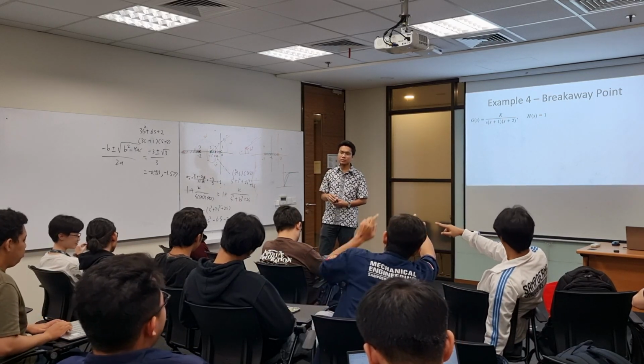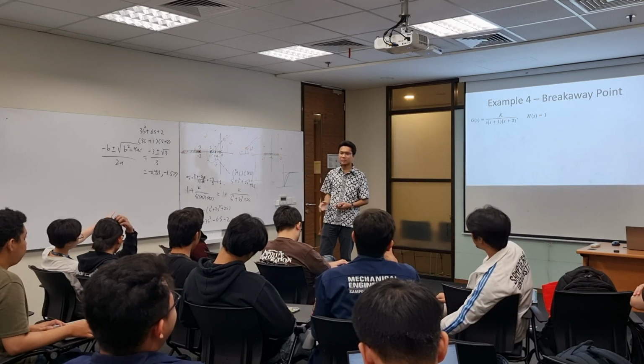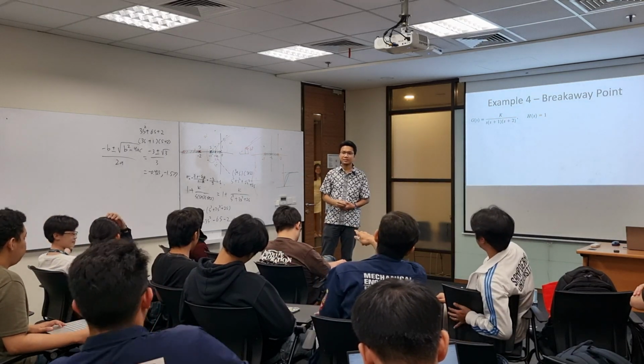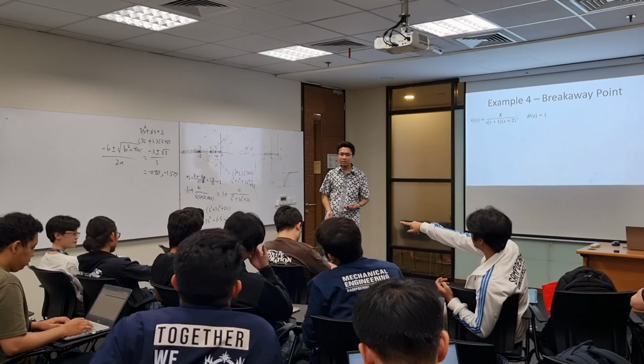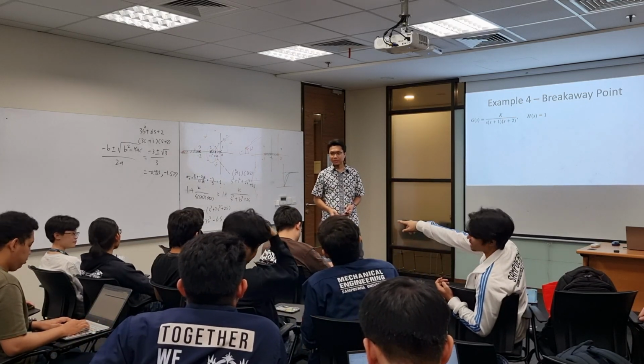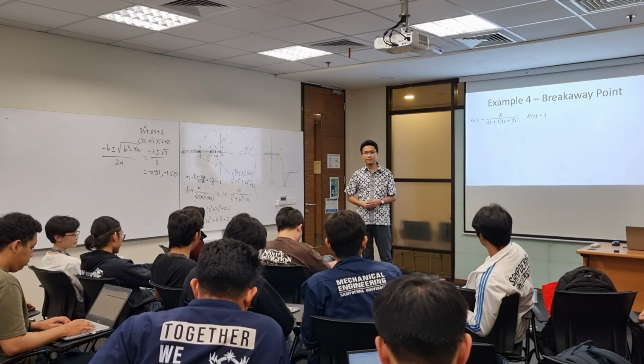What I will ask you is to design a controller using the root locus method. To do that, you need to know how the root locus behaves, the properties of the root locus.